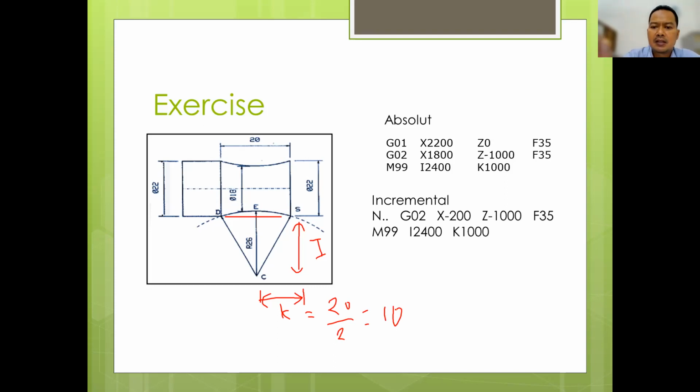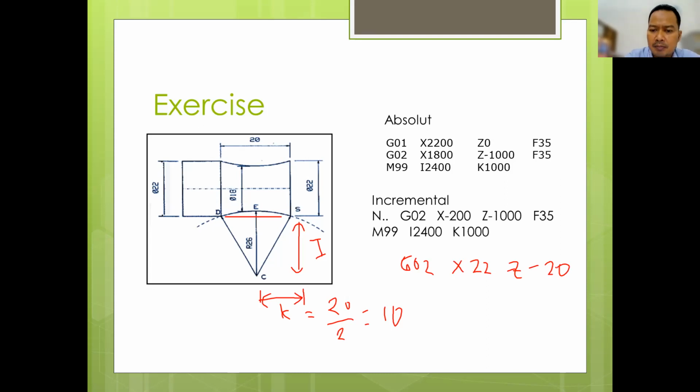And then for the next is G02 as well. Then X becomes, the last point is on D, so this is 22, and the Z is minus 20 with the same feeding.